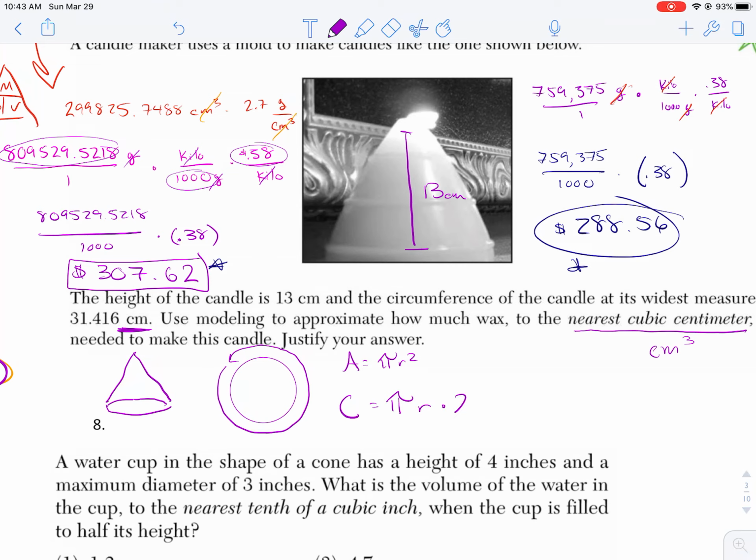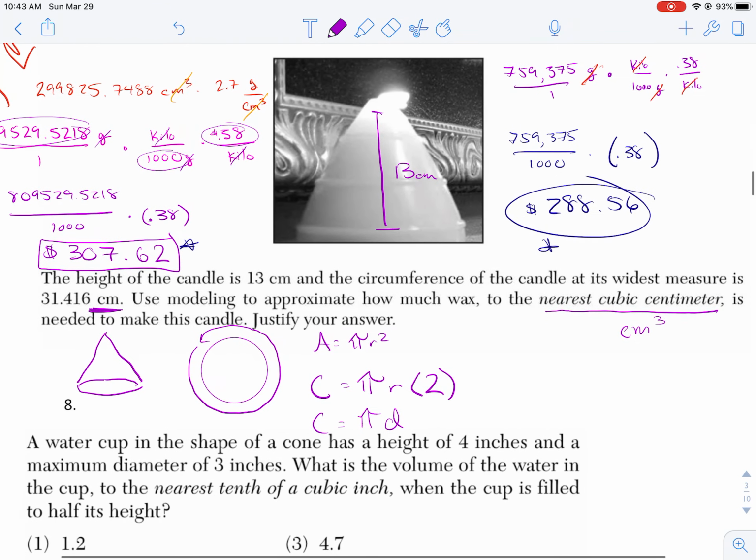And the circumference of a circle is pi r times 2. Or, if you recall, the radius times 2 is just the diameter, so the diameter is twice the radius. Sometimes, depending on what kind of information they give you, it will point you in the direction of what equation you want to use.